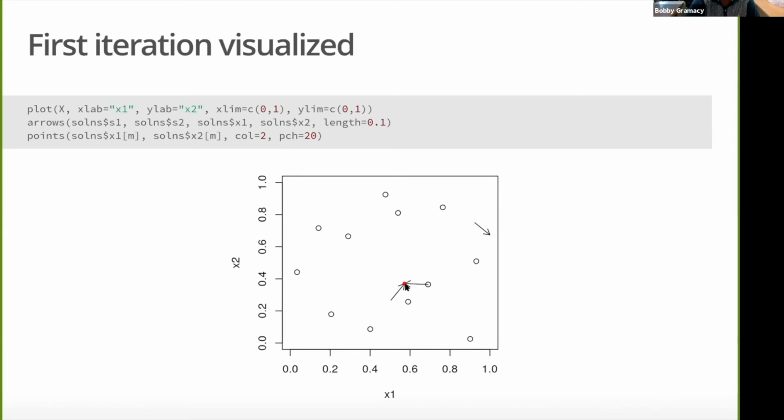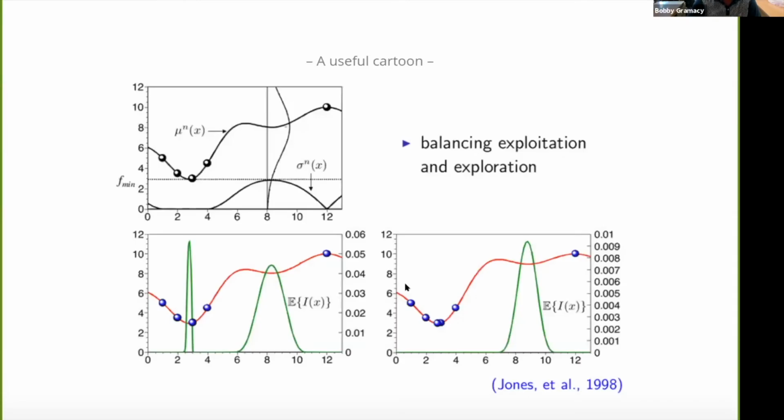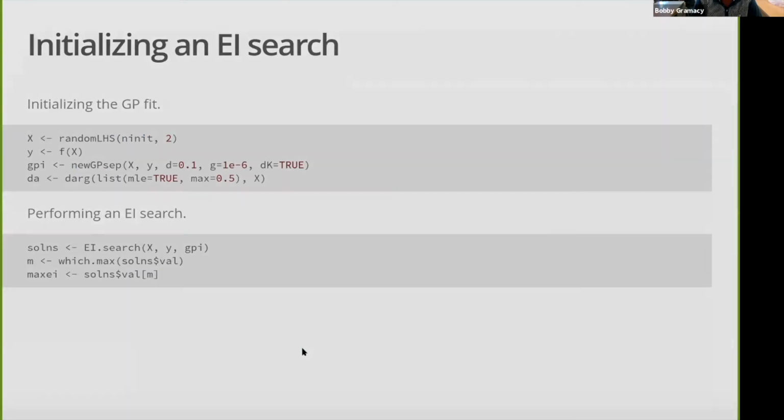So I'm trying to illustrate that there's some variability in what you might pick, depending on how you choose to optimize the EI surface. This is like sometimes finding this answer here, even though you were supposed to find that answer there. Okay, so that does happen from time to time. You don't correctly maximize the surface, but that turns out not to matter too much.